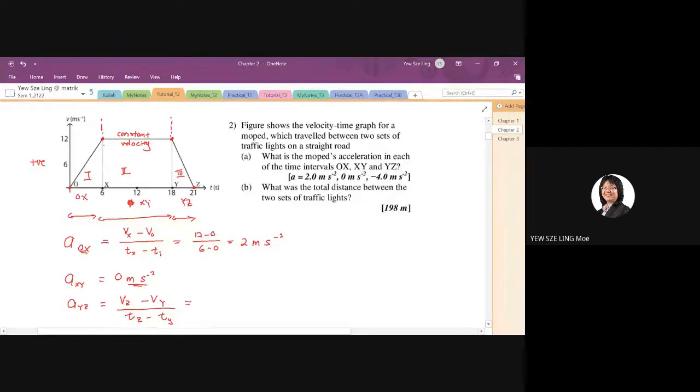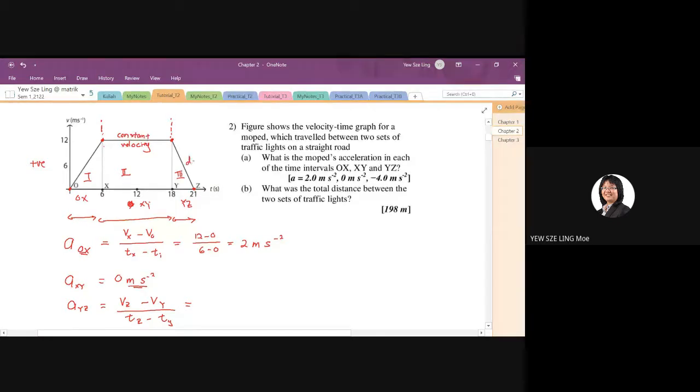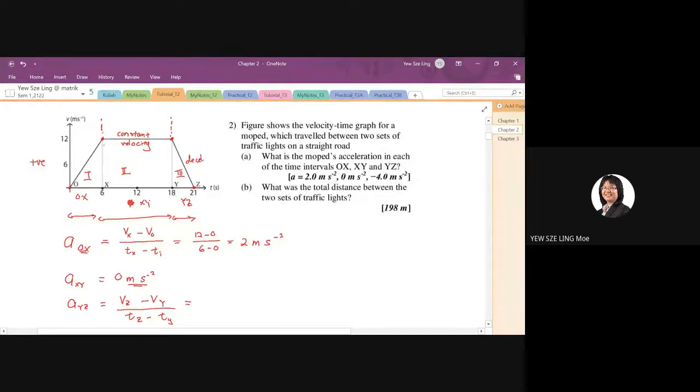Now you look at the information at point Z first. Don't take the wrong information, otherwise you're going to get the wrong answer. You must use Z minus Y, because from Y until Z, your object decelerates.